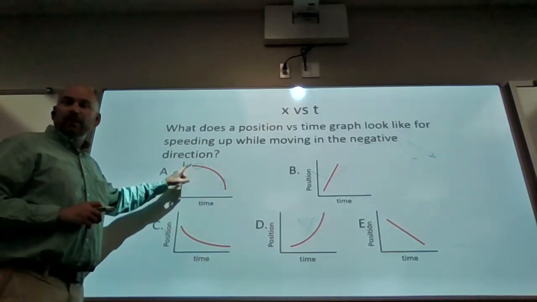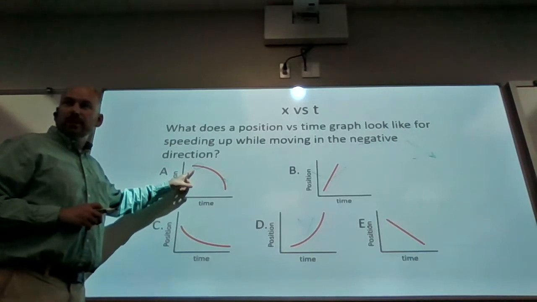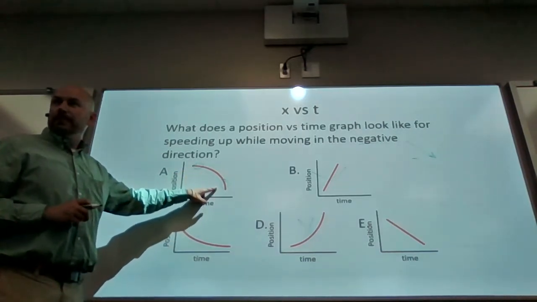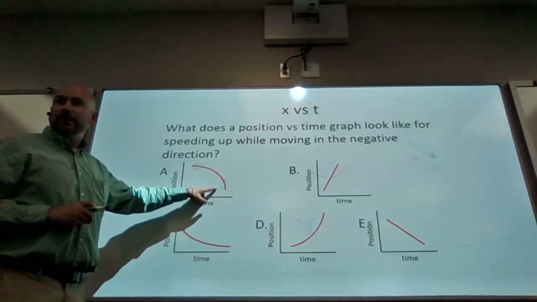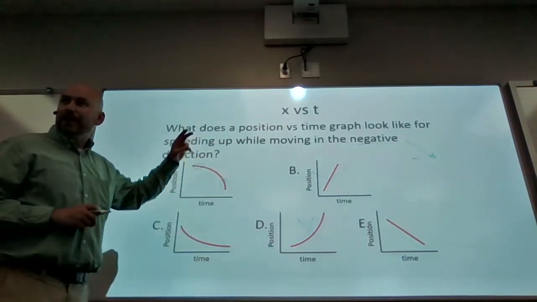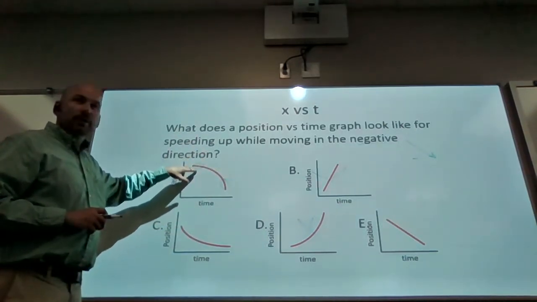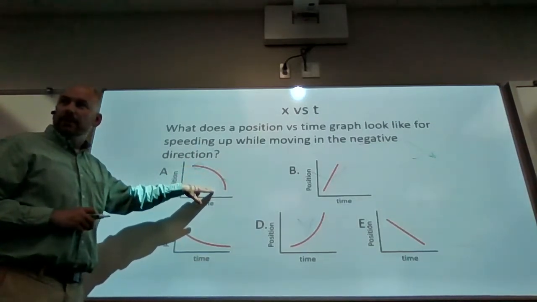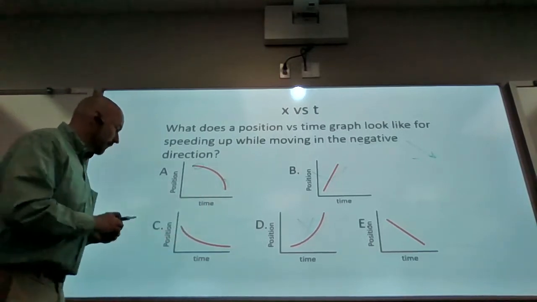Shallow, which corresponds with fast or slow? Slow. This, positive or negative slope? Negative. Steep or shallow? Steep. Fast or slow? Fast. So then we put the story together. We connect the dots. We start slow in the negative direction and we get faster in the negative direction.